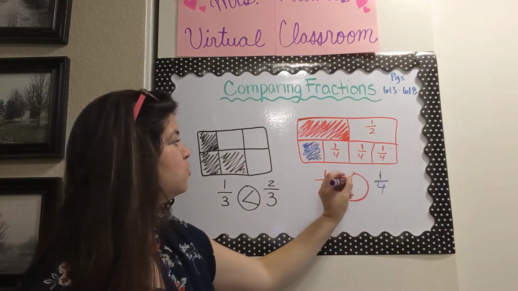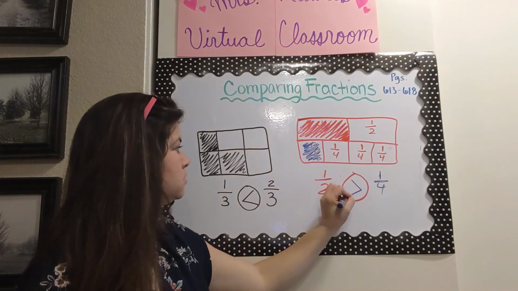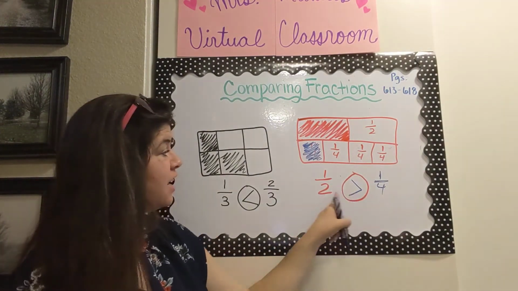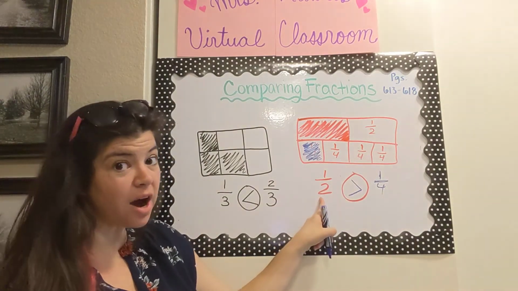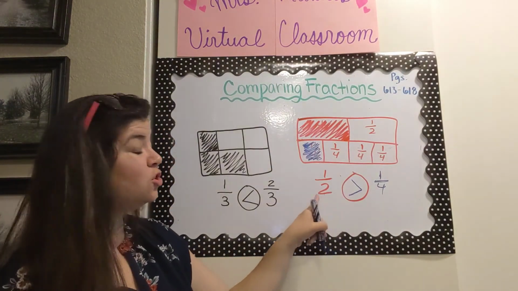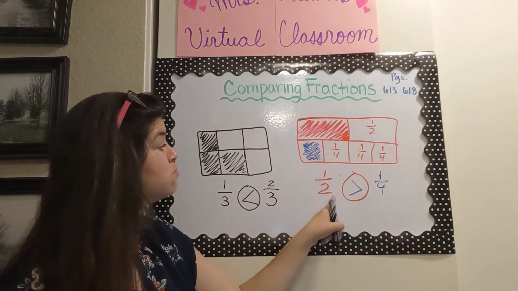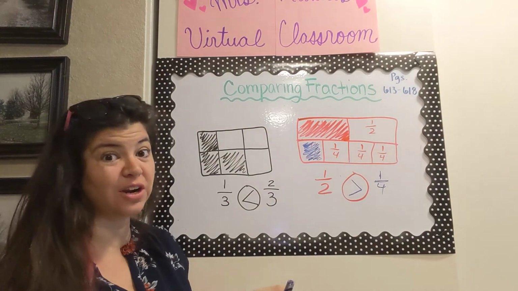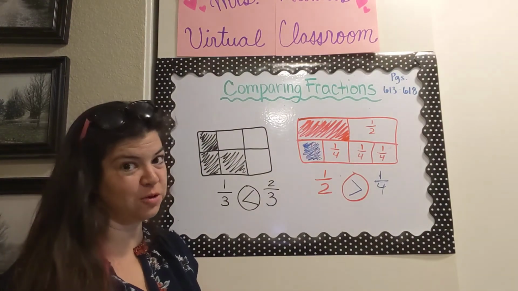So I would use the greater than symbol. So if that number on the bottom is different, you actually want to look for the smaller denominator, and that usually gives you the bigger piece.